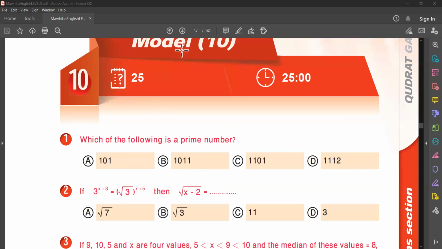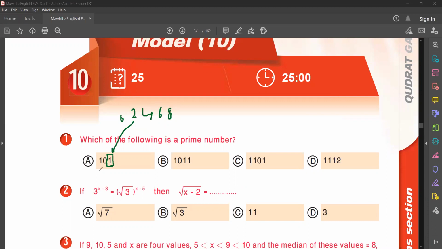Okay, now we will check the answer. Look here. I have 101. Is it divisible by 2? No. How do I know it is divisible by 2? You go to the units digit and see if it is an even number: 2, 4, 0, 6, or 8.